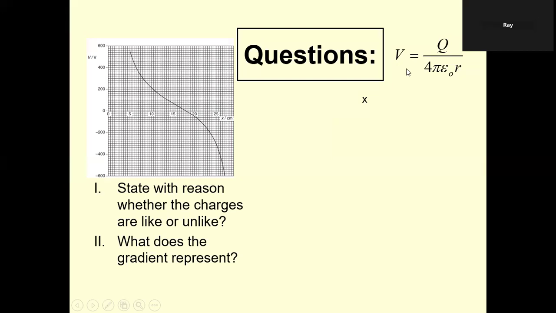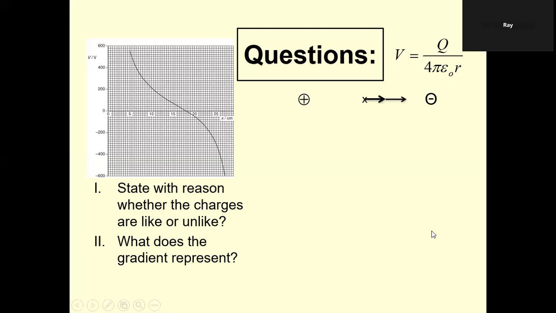State with reason whether the charges are like or unlike. Remember, this is a potential graph. Like or unlike? Unlike, good. One is positive, one is negative charge. Positive charge is this one, positive potential. Negative charge is negative potential.